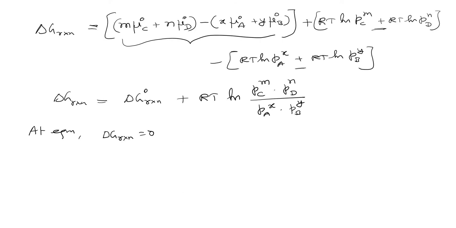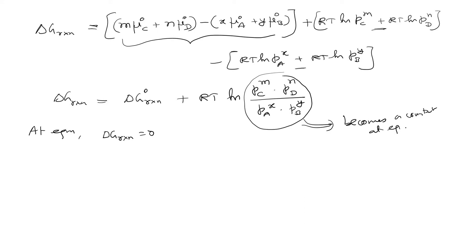Then this ratio, PC power M, PD power N, the products present in the numerator, and PA and PB, the reactants present in the denominator, will attain a constant at equilibrium, and that constant is what we call Kp.